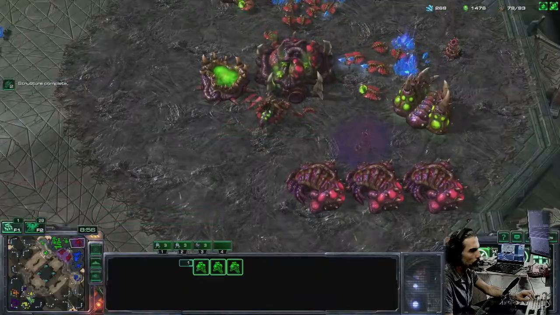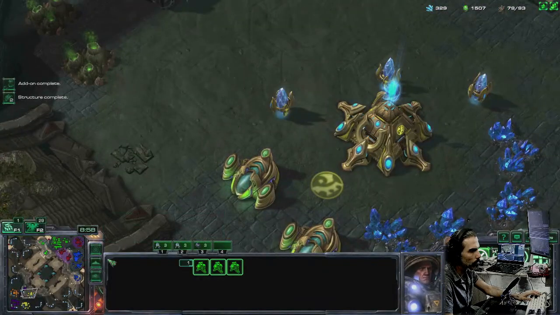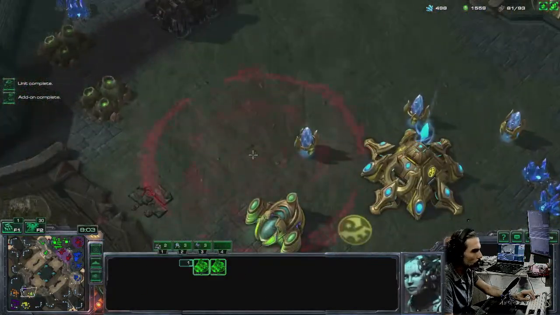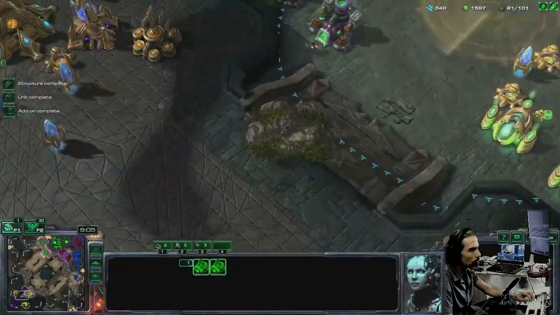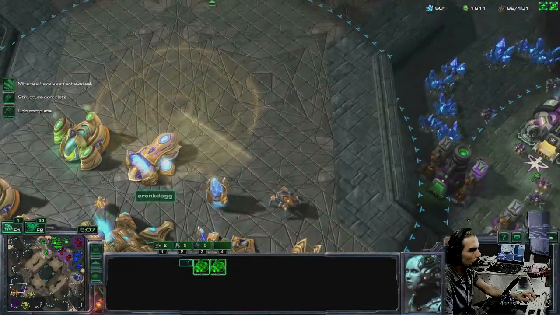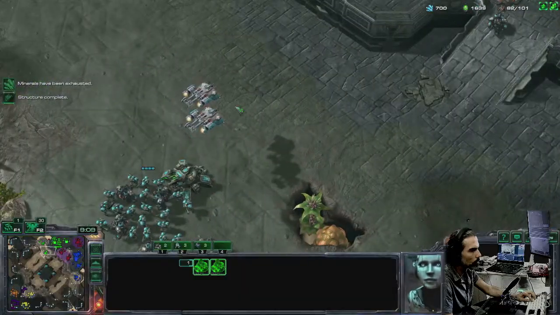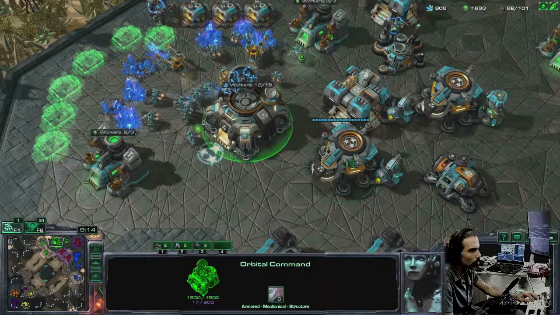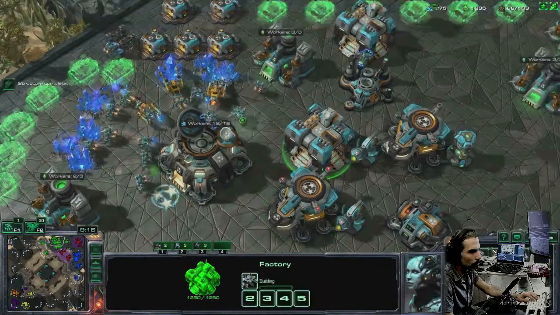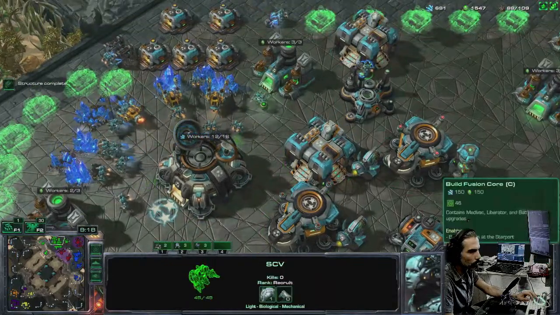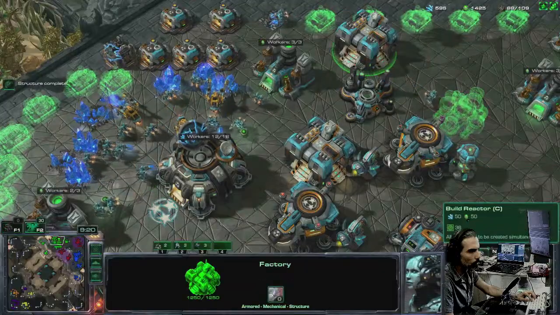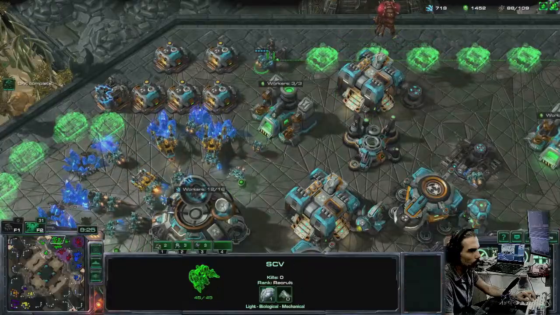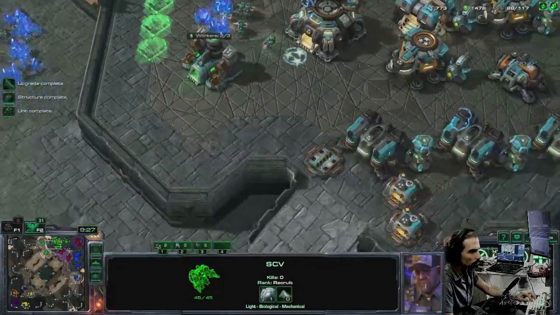Add-on complete. It's go time. Kaboom, baby! In the rear with the gear. Upgrade complete.